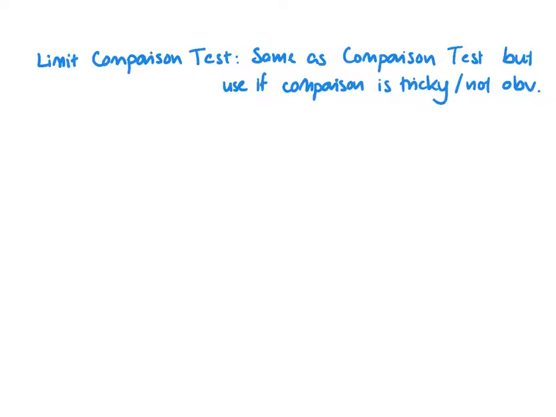So for example here, I might have something along these lines. Sum for n equals 1 to infinity, say 10n squared plus 2n plus 5 over, what can we do? 3n to the 4th minus 2n squared.